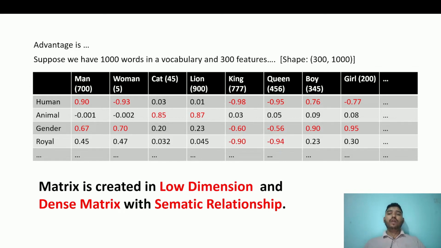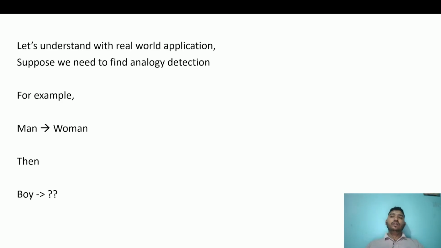So there are a lot of advantages of using word embedding as compared to other feature extraction techniques like bag of words, or we can say TF-IDF, right? I hope you got the idea how word embedding exactly works and what the advantages of word embedding are. Now let's understand with a real world application. Suppose we have to do analogy detection.